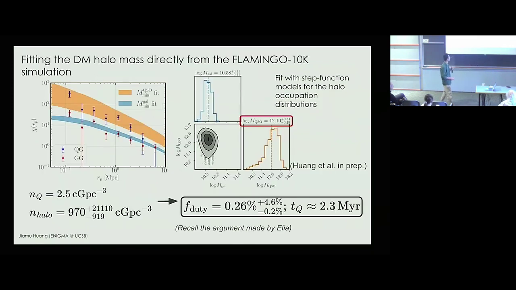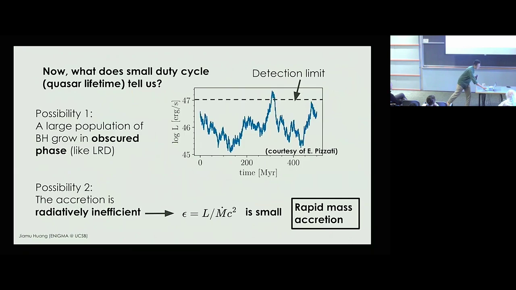Here are the results, with the same argument as Elia made earlier. We find the duty cycle to be 0.26%, which is very low, and that gives a quasar lifetime of 2.3 million years. And what does this imply?